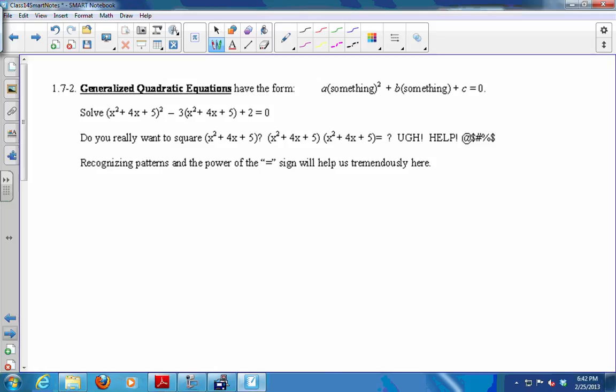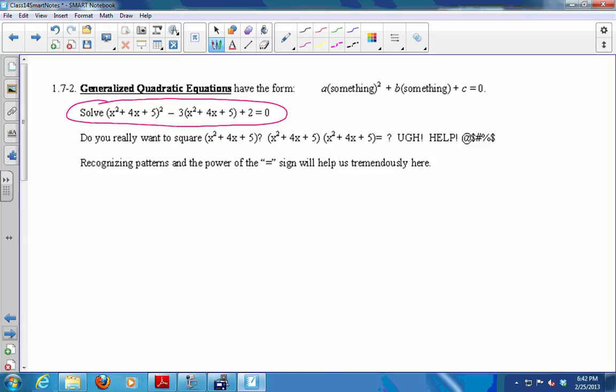So this is called a generalized quadratic. If it has the form a times some stuff squared plus b times some stuff plus c equals 0, then you can use our generalized quadratic, the little trick we just learned. Okay. So here's an equation. I want you to solve it using that same little trick.